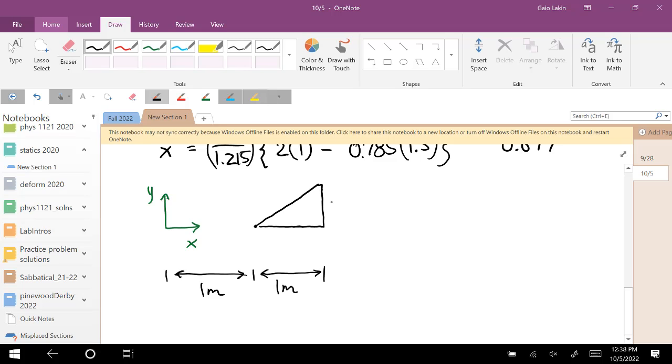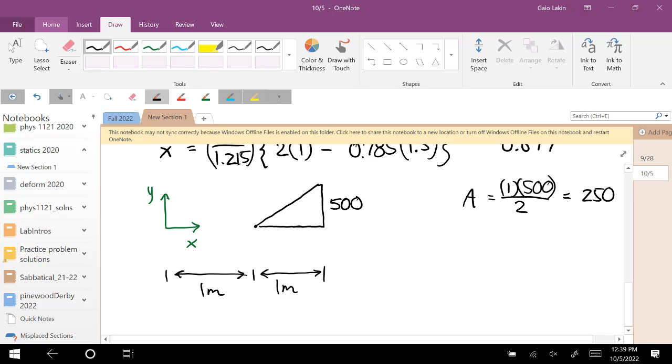The height, the maximum distributed load, is 500 newtons per meter. So the area of that triangle is 1 times 500 divided by 2, just the area for a triangle. So 250, and that's in newtons.